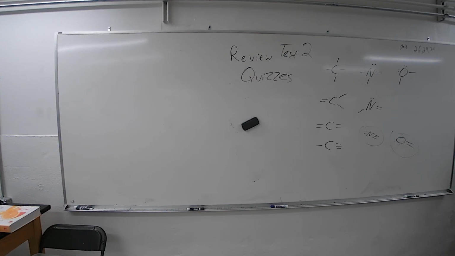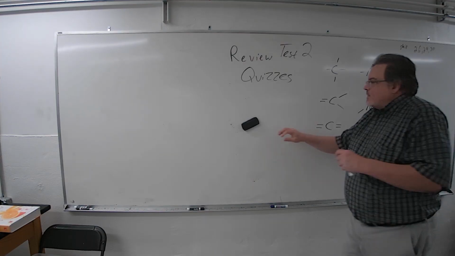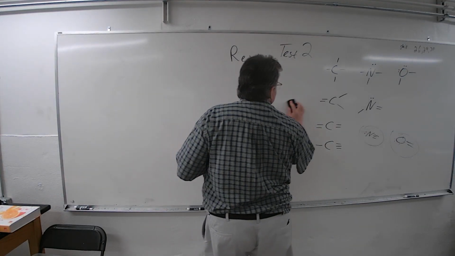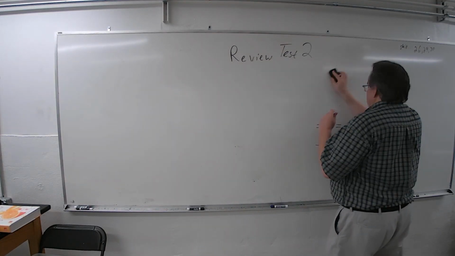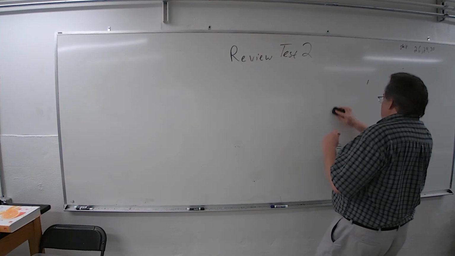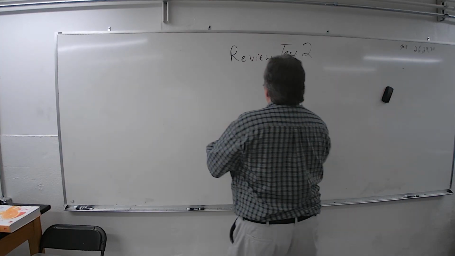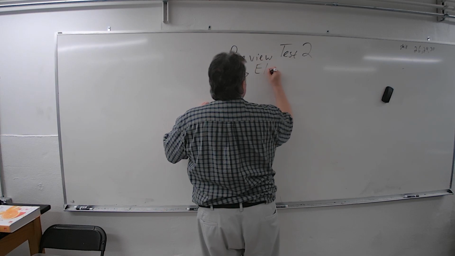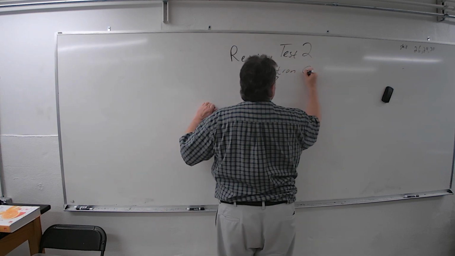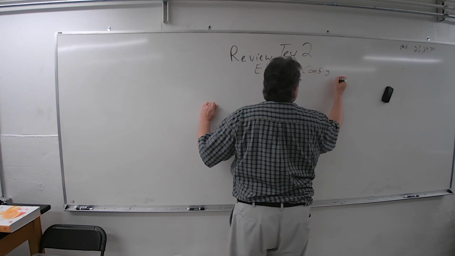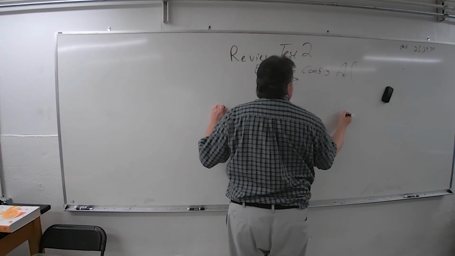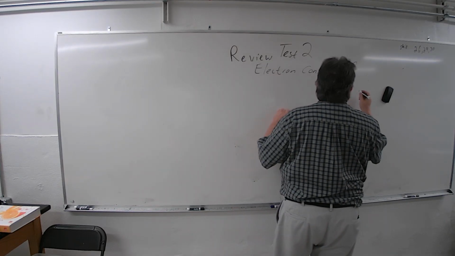Go back to the quiz. If I want the electron configuration, this quiz says ground state. That's what we need, the ground state electron configuration, and we're doing aluminum here. Magic number was what, 13?